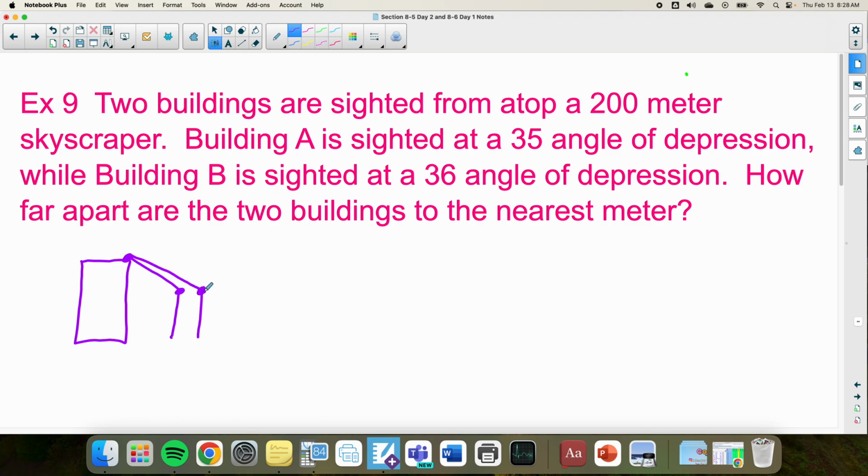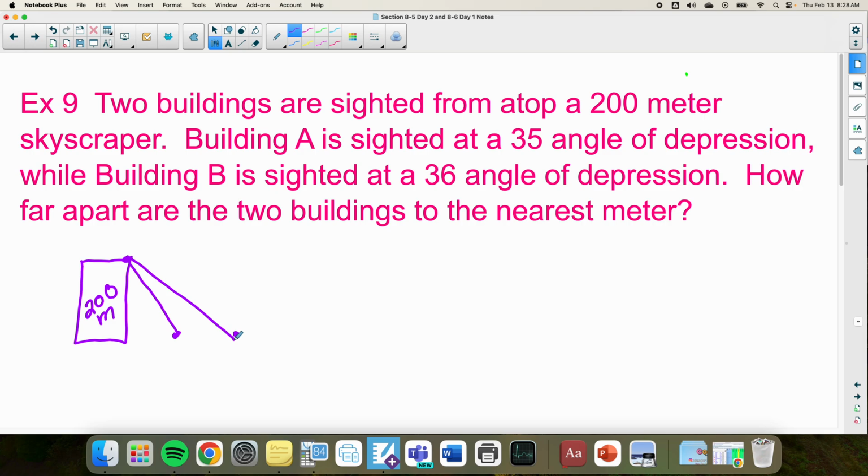So it's kind of like this. Somebody's up here, so this distance is 200 meters, and the buildings are actually down here. So that building is just 200 meters higher than the other two.